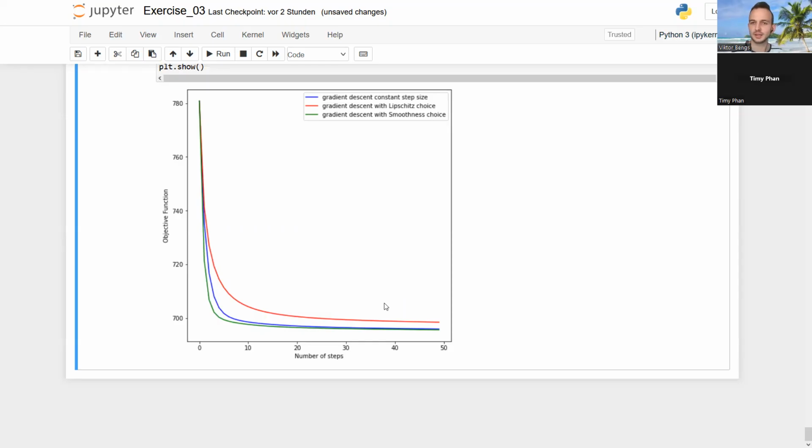So perhaps I will keep the next exercise sheet a bit shorter, so that we don't run into time trouble. I mean, it's not a problem because for the Frank-Wolfe algorithm, the exercises can be quite tricky. This is why it's a good idea to perhaps keep it shorter there.